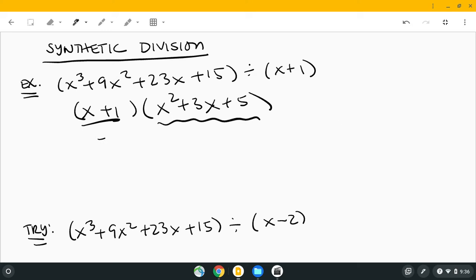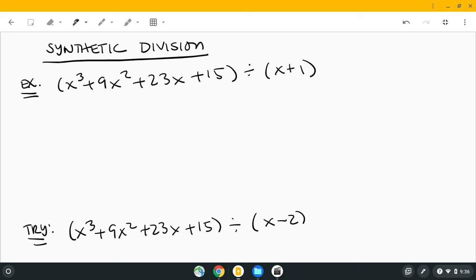The way we check to see if x plus 1 is a factor is by dividing. Just like if I want to know if 3 is a factor of 137, all I have to do is divide by 3.